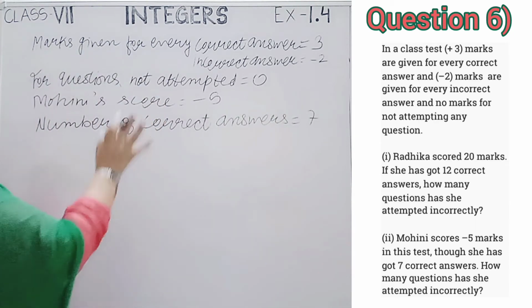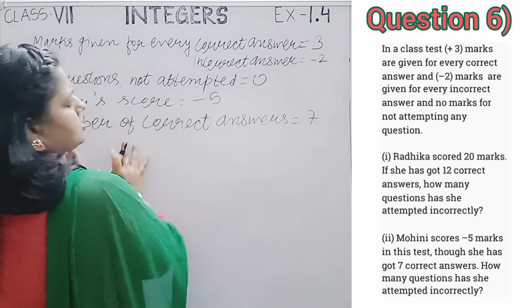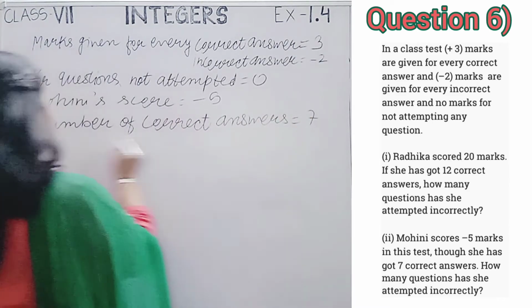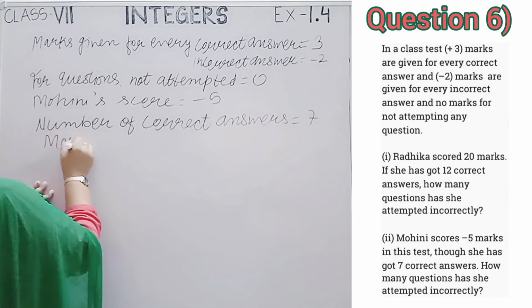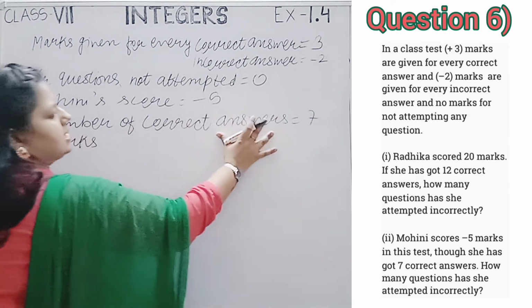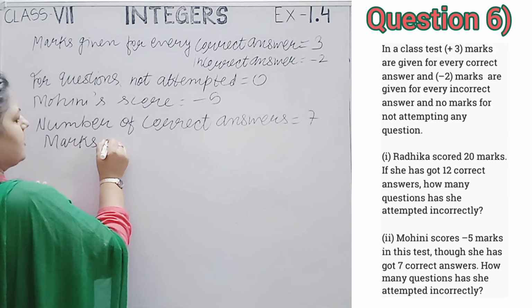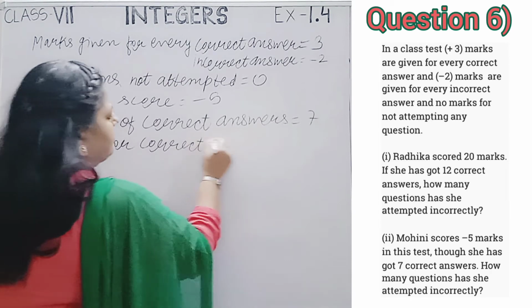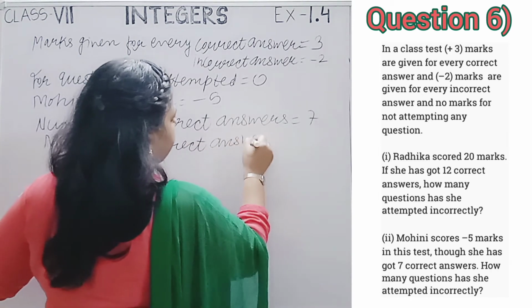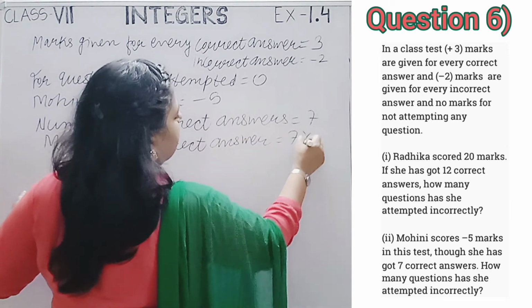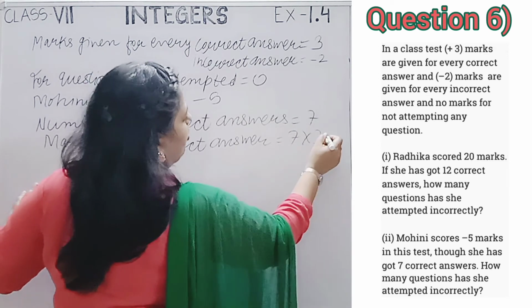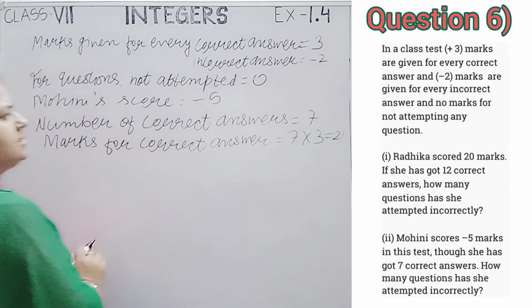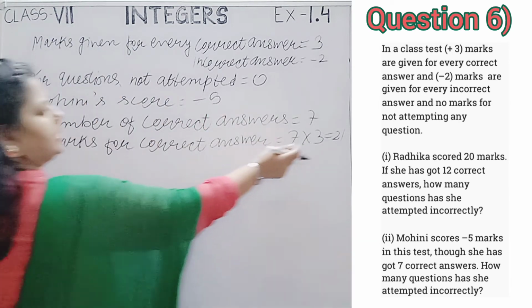And if she gives 7 correct answers, it means her score is 7 3s are 21. So marks for correct answers, seven 3s, 21.